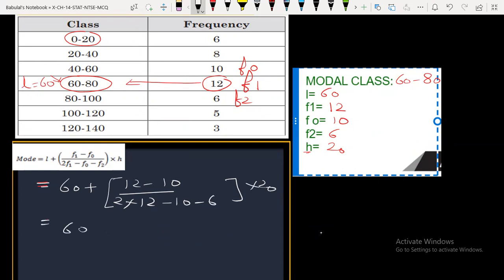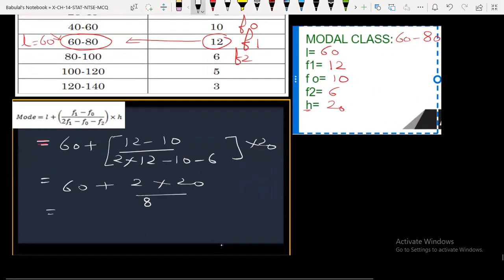That is 60 plus 2 into 20 divided by 8. So that is 60 plus 5, that is 65.